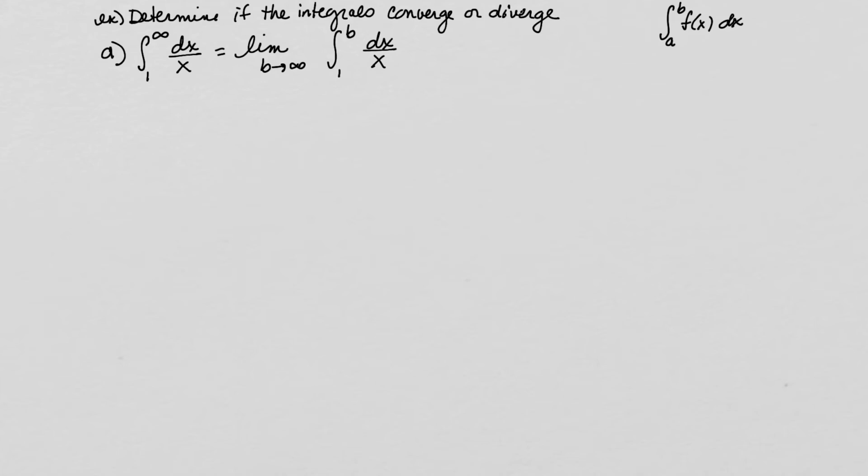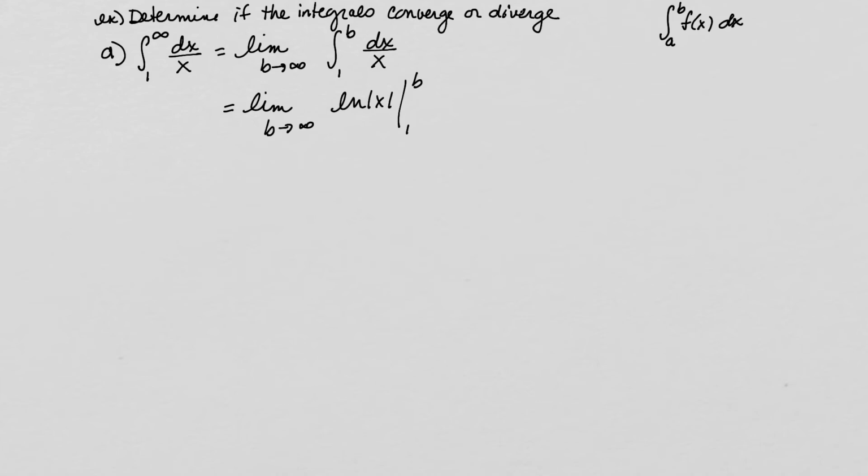Okay, so now I'm going to do that integral. So what's the integral of dx over x? Yeah, natural log of the absolute value of x. So we still have this limit: the limit as b approaches infinity of the natural log, absolute value of x, evaluated from 1 to b.